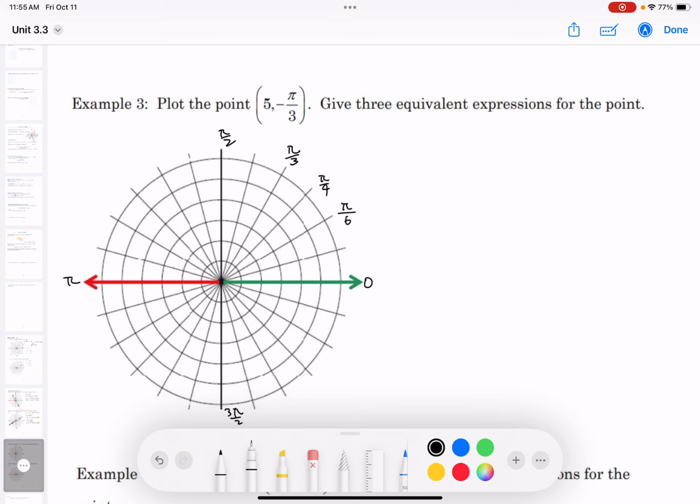Now this one is pi over 12. Okay. Let's see, where is the angle? Negative pi over 3. So for negative pi over 3, we are rotating clockwise. So it's here.